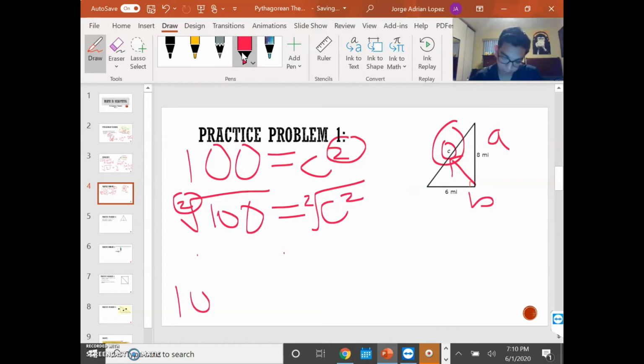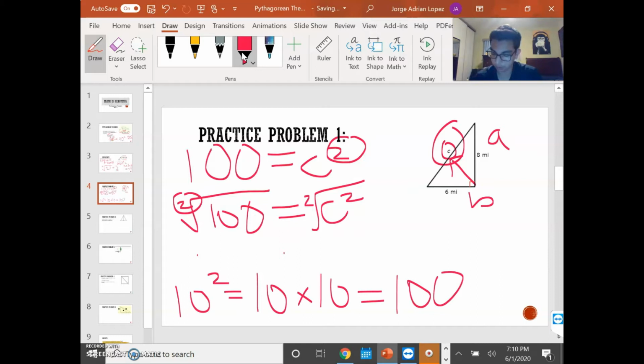Because 10 to the second power is 10 times 10, and that's 100, okay? So if you take the square root of 100, it's going to give you 10, and you can check because 10 multiplied by itself 2 times is equal to 100. Square root of 100 is equal to 10, alright?